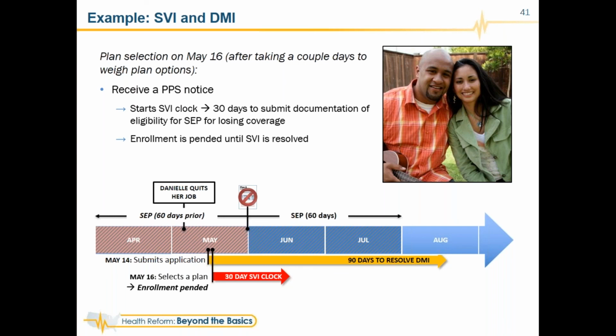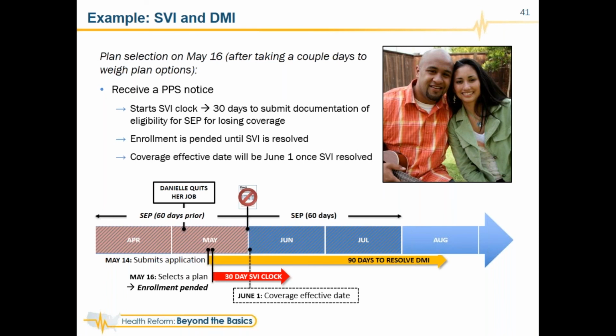The notice also lets them know that their plan is pended, but once they resolve their SVI, their coverage effective date is going to be June 1st. So Joe and Danielle now need to resolve an SVI before their coverage can begin, and they must resolve a DMI by August to continue their coverage unaffected.